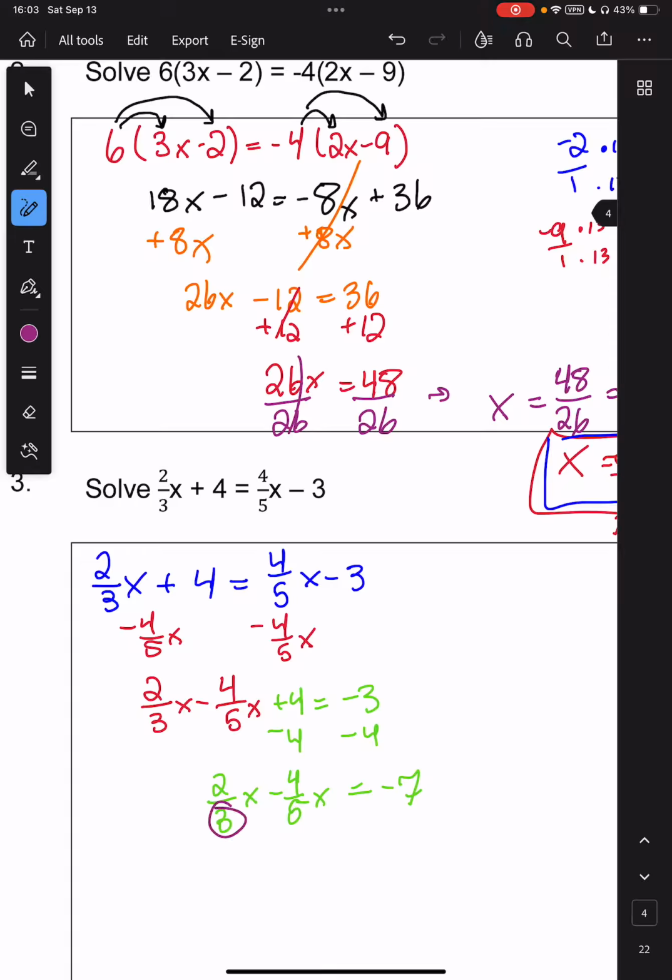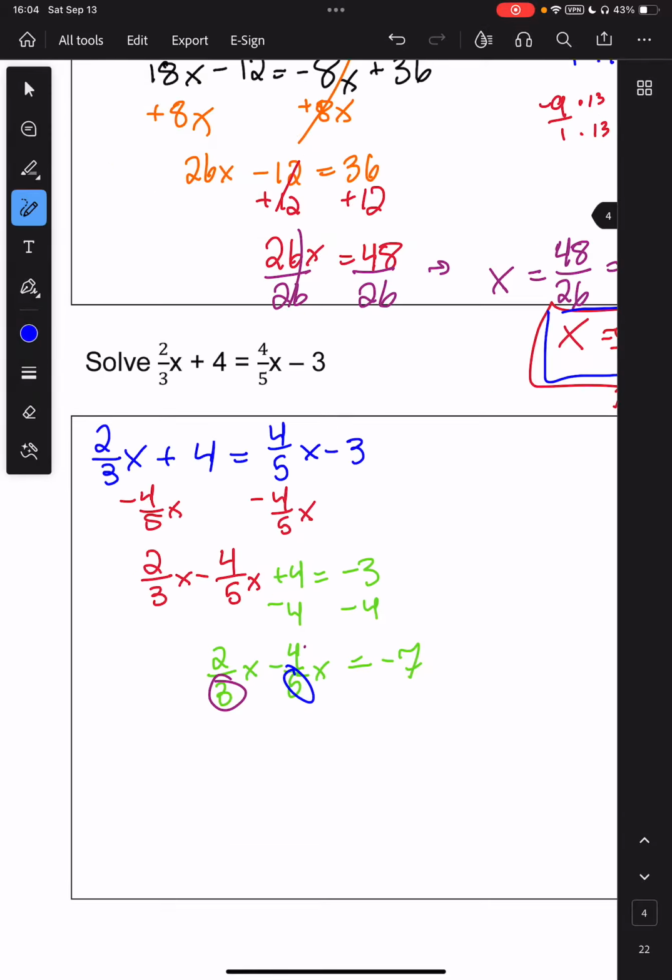So we have a 3 over here. We're going to multiply our negative 4/5 by 3 over 3. And then we are going to multiply our 2 over 3 by the denominator of our other fraction, which is 5. So we're going to multiply, like I said, our 2 over 3 by 5 over 5.